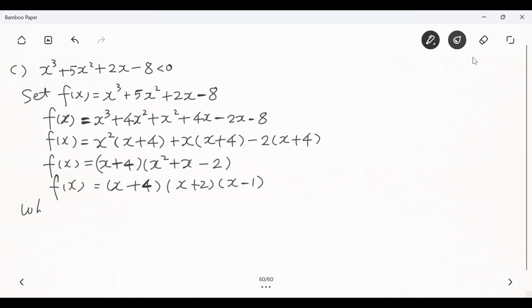So we find the x-intercepts when y equals 0. When x plus 4 equals 0, we get x equal negative 4. When x plus 2 equals 0, we get x equal negative 2. When x minus 1 equals 0, x equals 1. We get the 3 x-intercepts. And then we draw the number line.